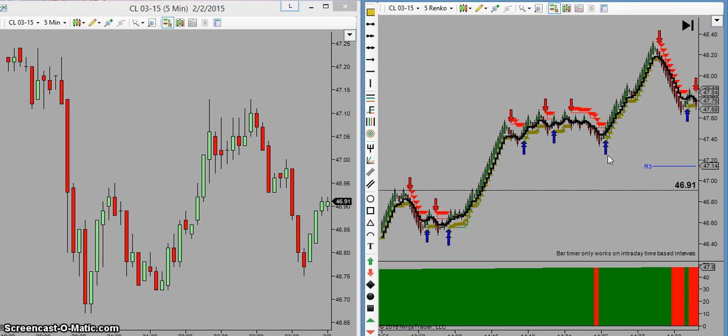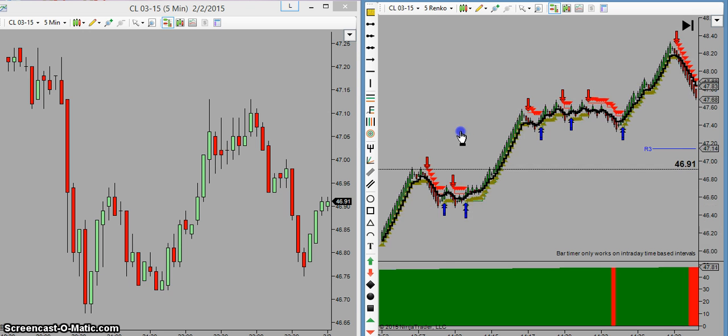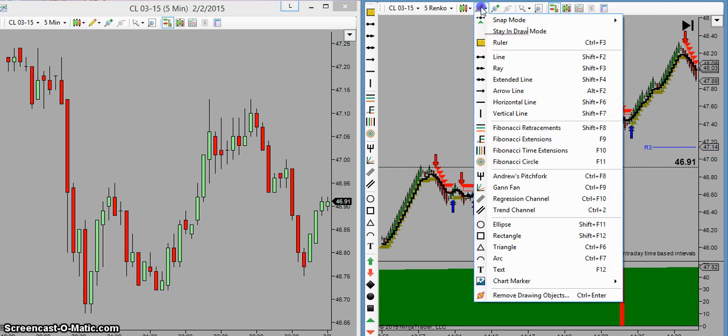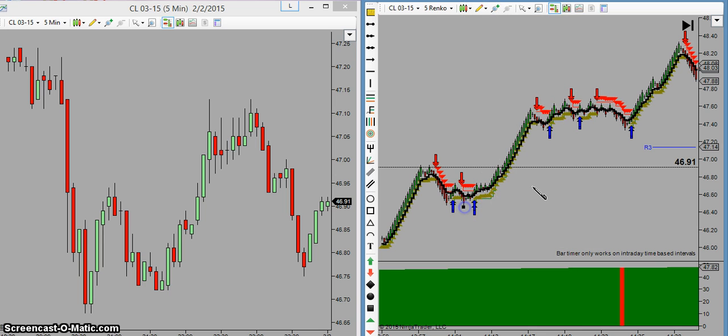Okay, so even though there's a pullback on the time chart, and then we look over at the Renko chart and we see a red arrow as a pullback, and what could be a possible setup for entry for a short position, as long as the market is still in an uptrend, we wait for the pullback and wait for the proper setup to continue the long position.